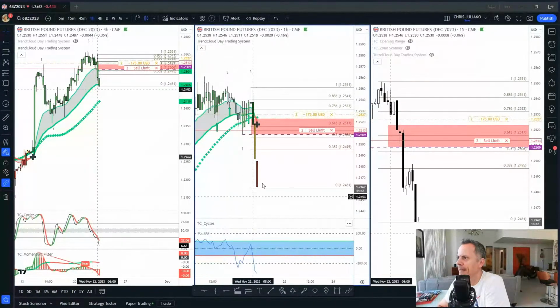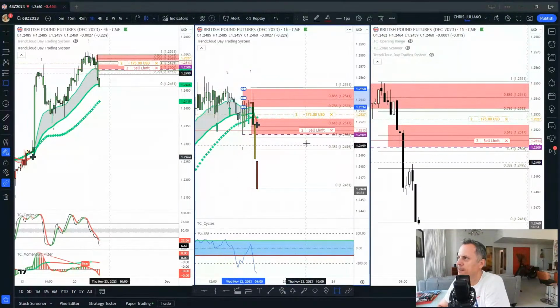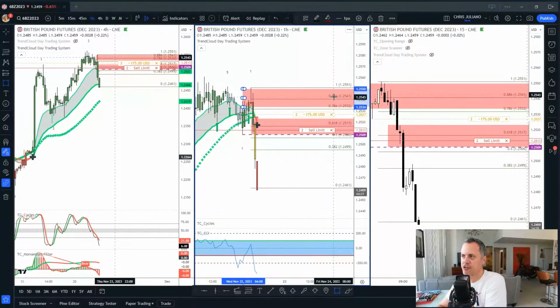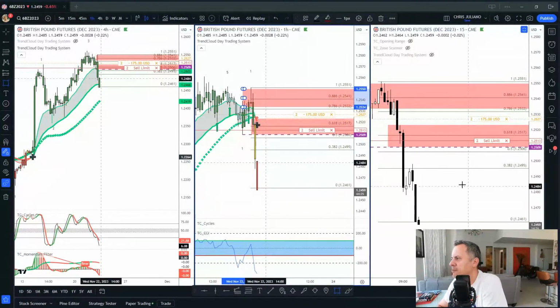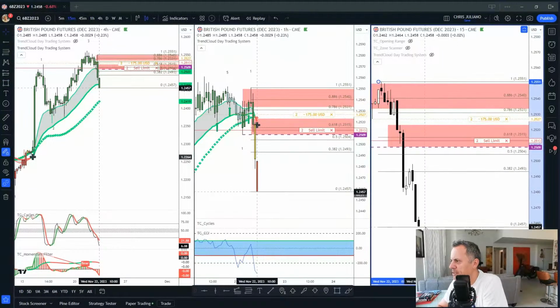If that fails, we've got another one right up here, from there to there. If price pulls back up and says, no, I want the 886 Fibonacci retracement level, well, then that's what you do. And as this moves down, we have to move it down with Fibonacci as well.